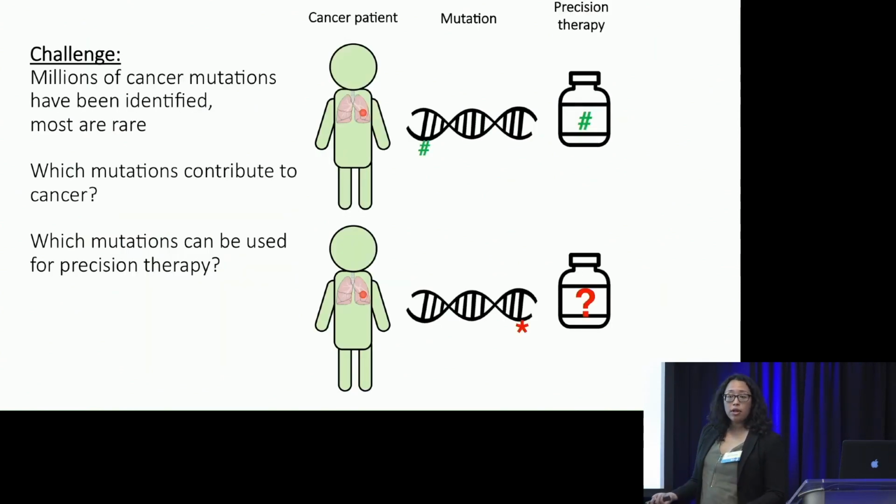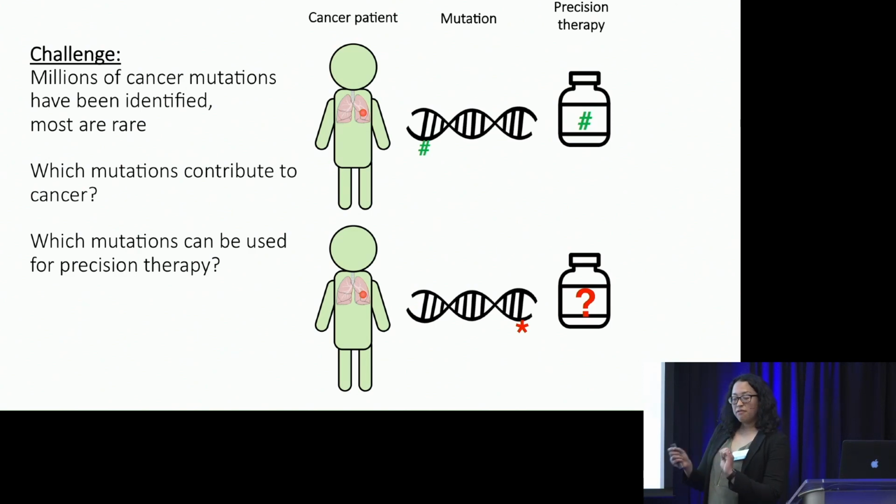And so the goal of my lab overall is to really understand, out of the sea of all these millions of cancer mutations that we're observing, which ones we can use for treatment. And first, we want to understand which of these mutations are actually contributing to cancer. A lot of these mutations can happen randomly and maybe hit a region of the genome that actually doesn't function at all or doesn't change the cell.